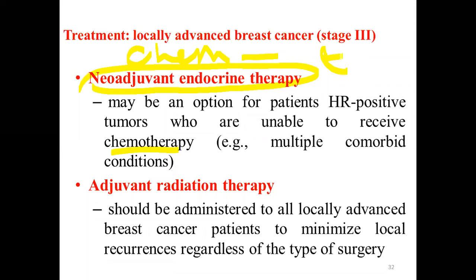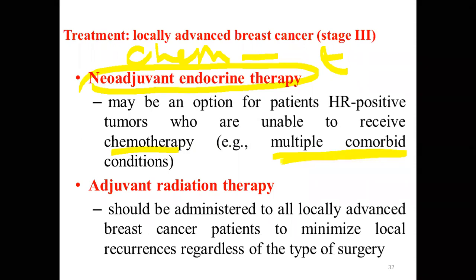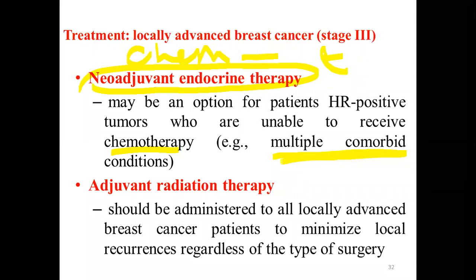In terms of achieving rapid response, chemo is better; endocrine therapy is slowly acting and takes even longer. But in terms of risk, chemo is riskier compared to endocrine therapy. So if the patient has multiple comorbidities, that is when you consider neoadjuvant endocrine therapy in locally advanced disease. Otherwise, we don't give neoadjuvant endocrine therapy because of lower efficacy.